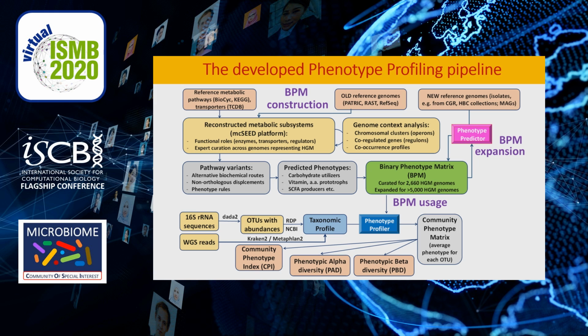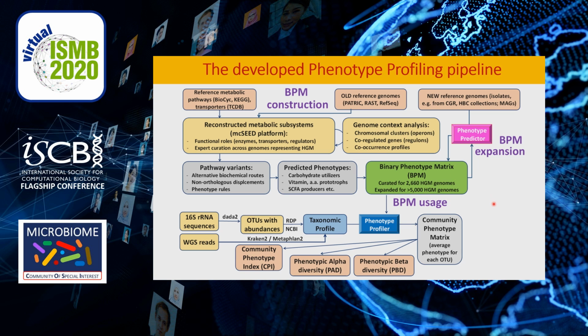We developed the phenotype profiling pipeline, which contains three major steps. First, BPM construction for a subset of 2600 human gut microbiome genomes. Second, BPM expansion to a larger set of reference genomes, and we developed the Phenotype Predictor tool in order to expand the BPM.